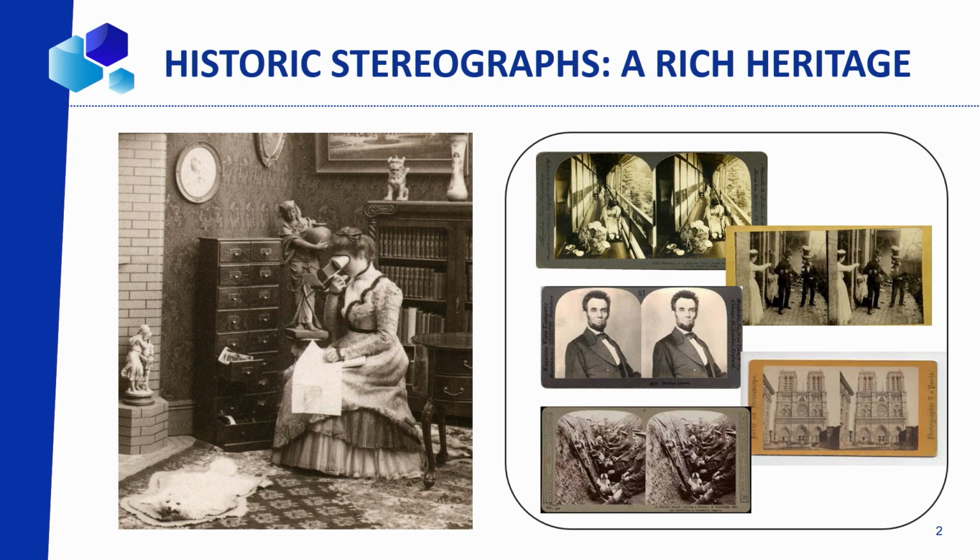There are literally millions of these 3D pictures, of places that do not exist anymore, places that have since been destroyed, and key figures like Abraham Lincoln. We have pictures from the Civil War, and from many historical events.